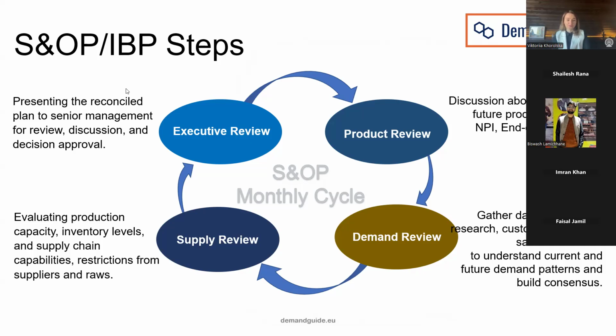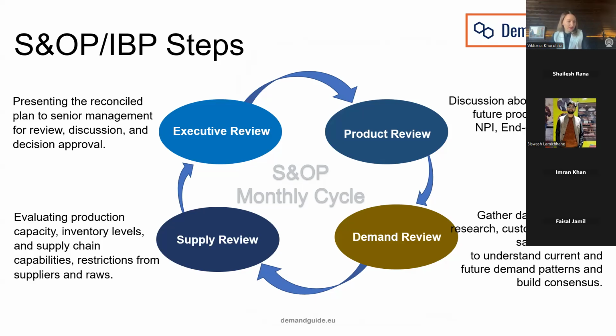So in product review, you have a discussion about the future portfolio, about any changes, maybe some items are going out and new items coming into the portfolio. Then you have the demand planning review, a discussion about future sales with departments like sales, marketing, finance, and that's where you can understand the future sales, future pattern, and trend.